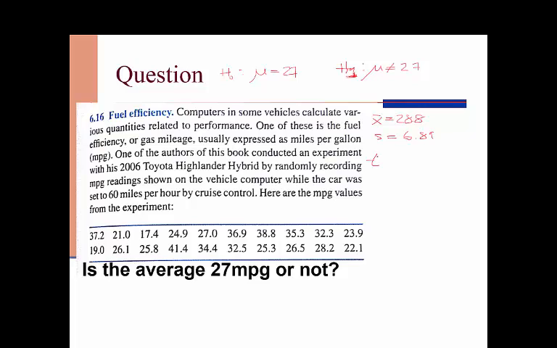And we can then find the t statistic, right, x bar minus mu over s over square root of n. That's 28.8 minus 27 divided by 6.89 over square root of 20.